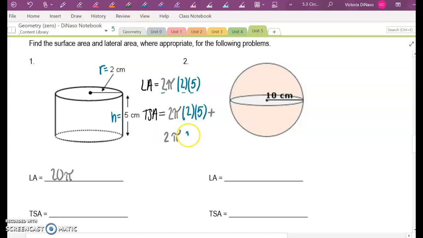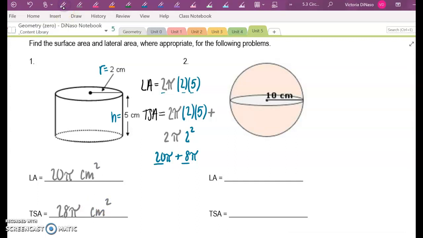So I'm going to take the number 2, and then we square it. So we already have that 20 pi previously, and then we have plus 2 pi 2 squared, which gives you 8 pi. Now, you're going to combine 20 plus 8 to get you your total of 28 pi, and then both of these are centimeters squared.